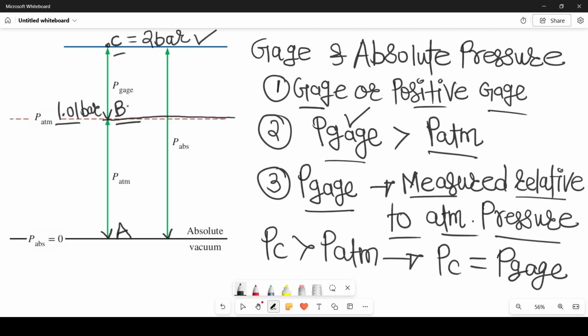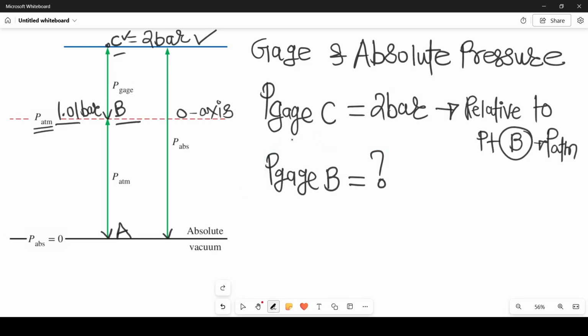So from point B to point C, it represents gauge pressure because we are measuring the gauge pressure from the atmospheric pressure axis. So now we know that pressure at point C is the gauge pressure. Gauge pressure is equal to 2 bar, and this pressure at point C is measured relative to point B, which is the atmospheric pressure.